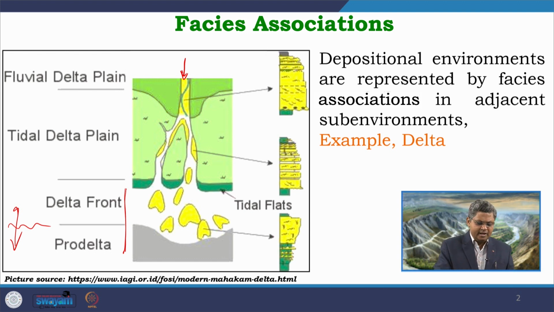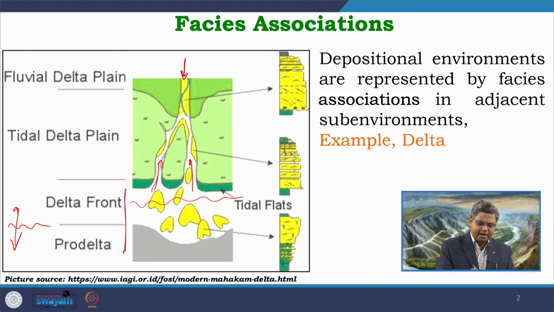Definitely, as we know, marine waves are restricted within the marine basin only, because they cannot propagate into the continents or into the rivers. So the wave processes will be restricted up to this part. But tidal currents, since they are currents, require a channel. They will enter through these channels, which are the distributary channels of the main channel.